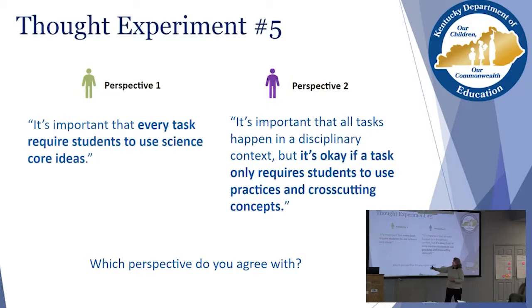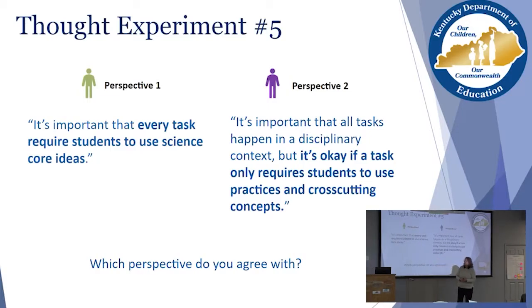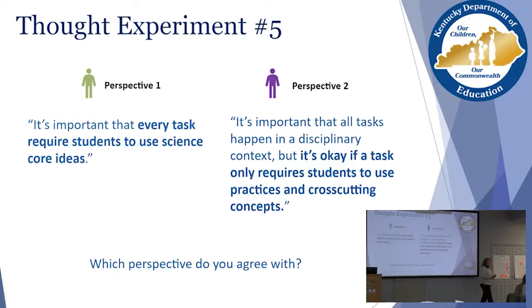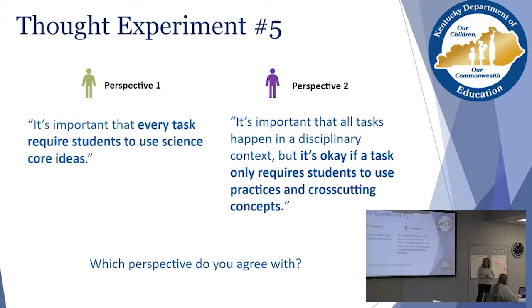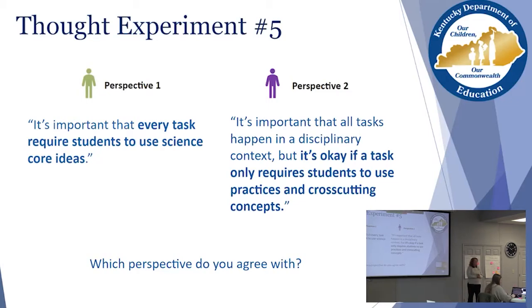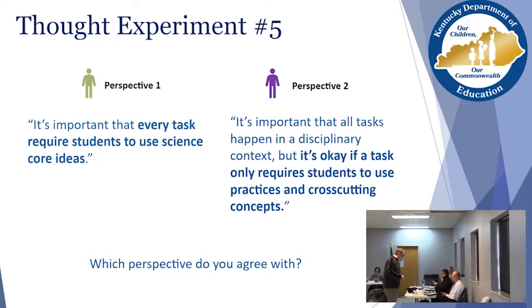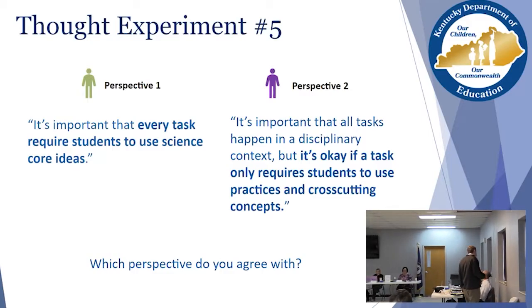Anyone else from perspective 2 who feels that the context is important, but it's more important that it only requires the other 2 dimensions? I'm going to read something from one of our McGoffin County science teachers, Miss Vicki Howard from Earl Whitaker Middle School.